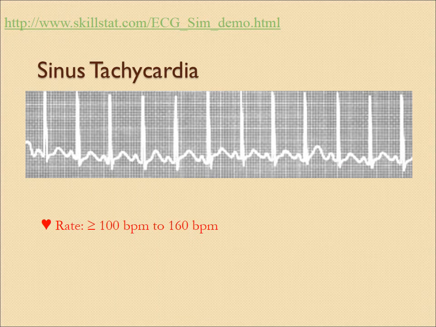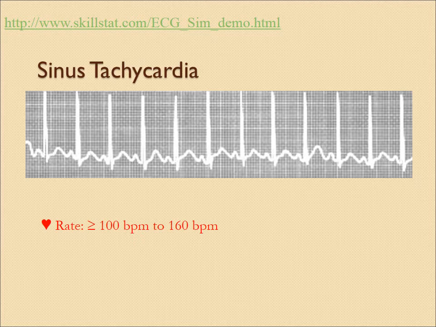So here is the rhythm strip. You can see that when we do the rapid estimation on this, we've got a heart rate of about 120, 130. The QRSs and the Ps are marching out regularly, so we've got a nice regular rhythm. The P waves all look the same and are in front of every QRS.